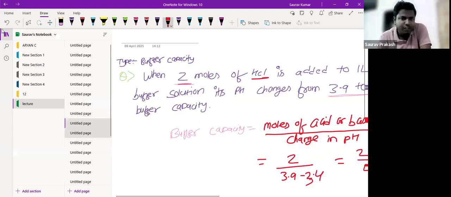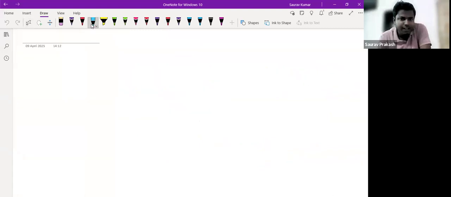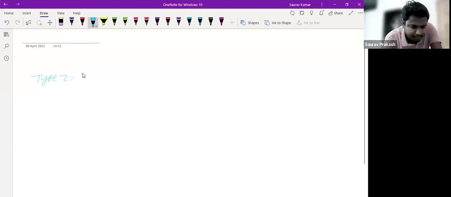This is our buffer capacity numerical type 1. Next numerical will be type 2. This is related to acidic buffer.